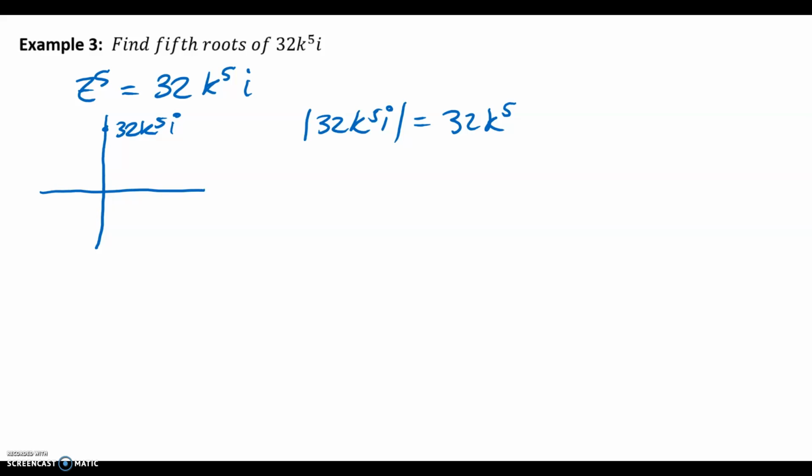And the argument we can see is 90 degrees. So let's work in radians, and it's going to be pi over 2. Now that we have those two things, we can write it in polar form, and we'll write it more generally.